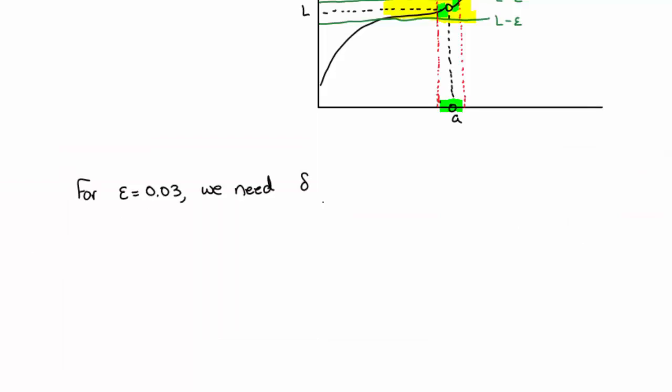We need delta to be less than 0.4262. Now, a lot of people will just say let delta equal 0.4262, but I think it's probably better to say let delta be any number less than that.